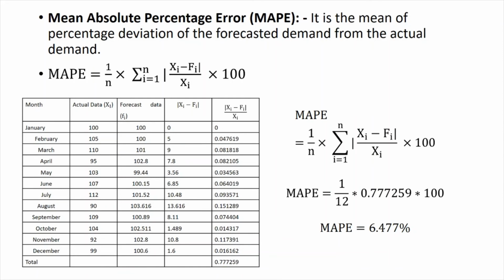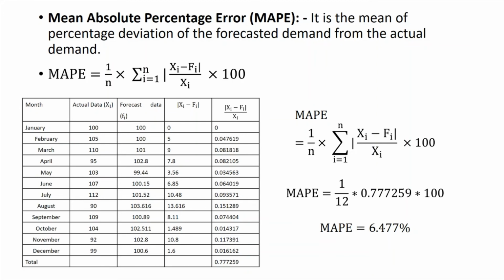Third is mean absolute percentage error. Mean absolute percentage error is important because many companies use it for finding error. It is the mean of the percentage deviation of all forecasted demand from the actual demand. Here we can see the formula of mean absolute percentage error.